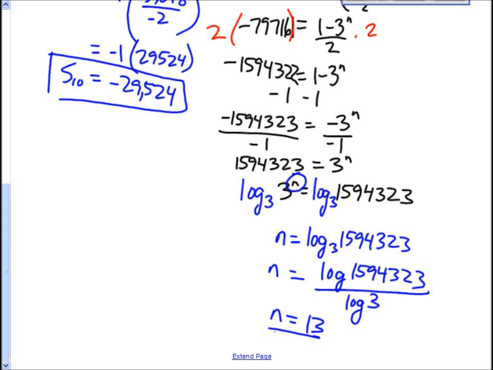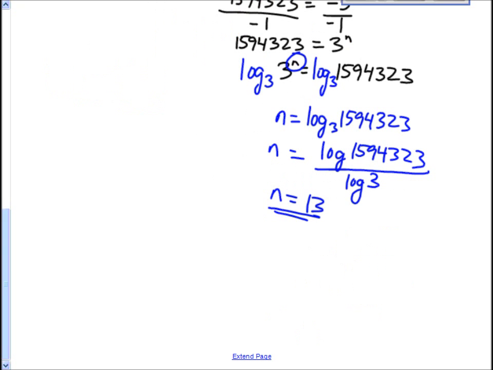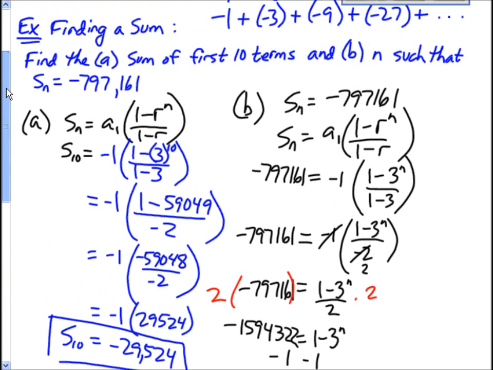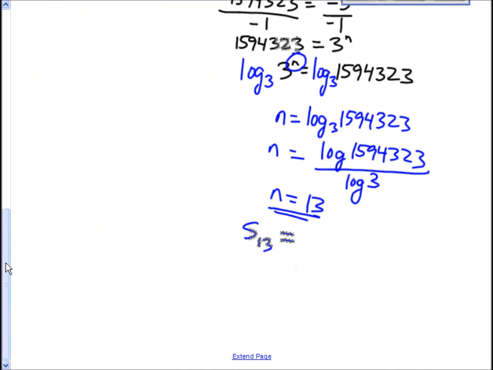So that means the sum of 13 terms sums up to negative 797,161. Thanks for listening, guys. Bring your questions to class. See you then.